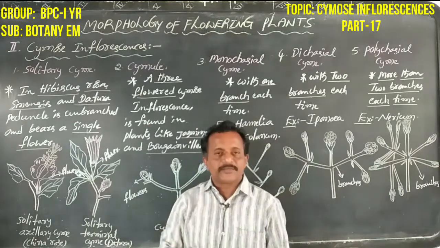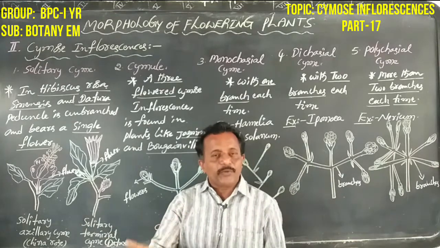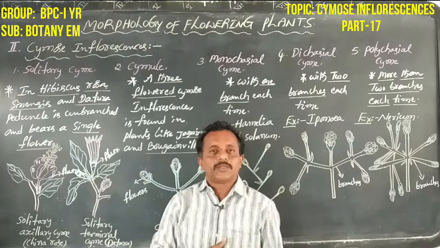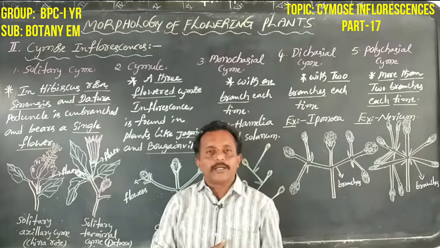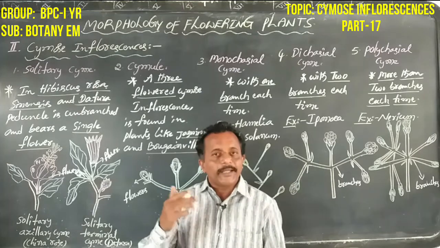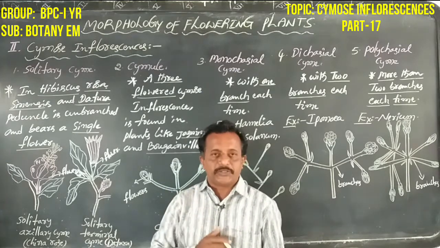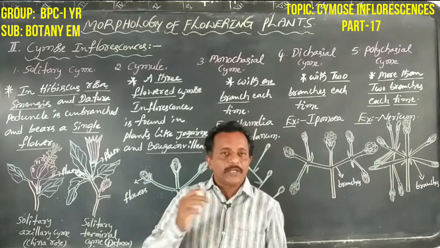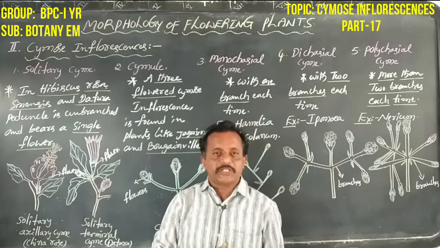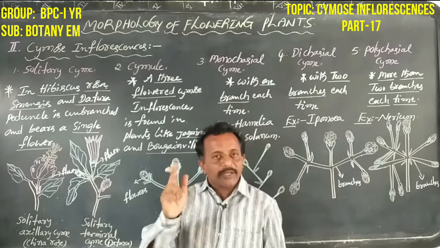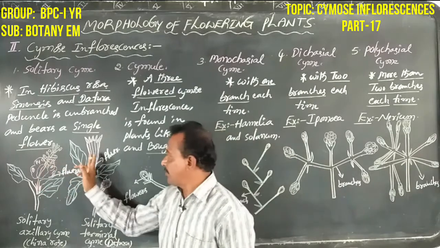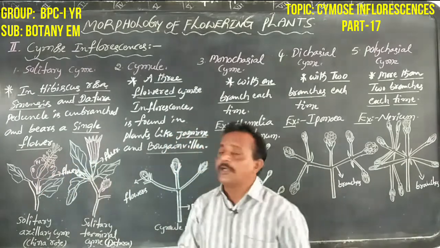In cymose type of inflorescences, the flowers are borne in basipetal order, and unbranched or branched. But in the solitary cyme, the peduncle is always unbranched and bears only a single flower.